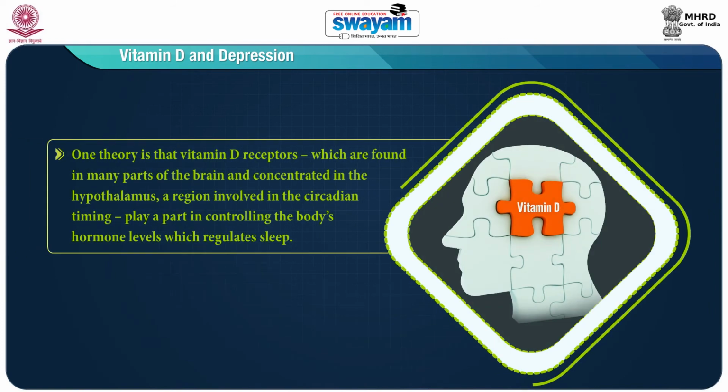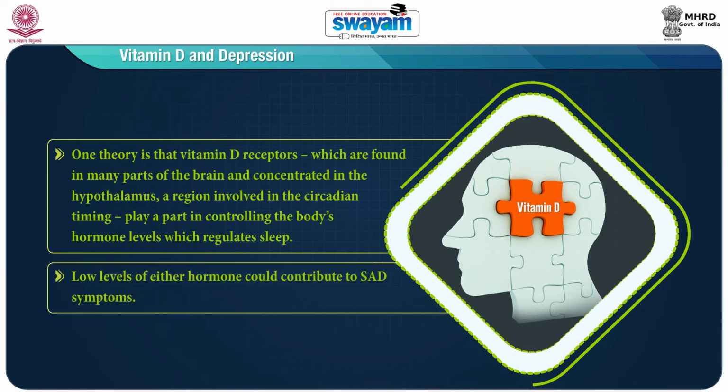One theory is that vitamin D receptors, which are found in many parts of the brain and concentrated in the hypothalamus in the circadian timing, play a part in controlling the body's hormonal levels, which regulate sleep. Low levels of either hormone could contribute to the symptoms of this particular condition.